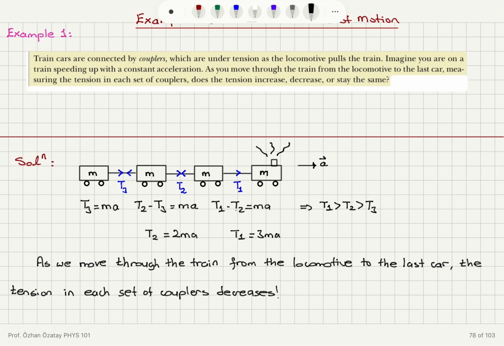So T1 is greater than T2 is greater than T3. So when I go from the locomotive to the last car, the tension keeps decreasing.